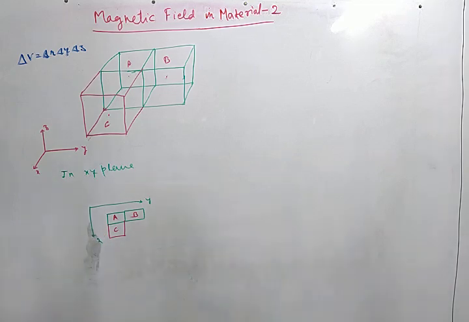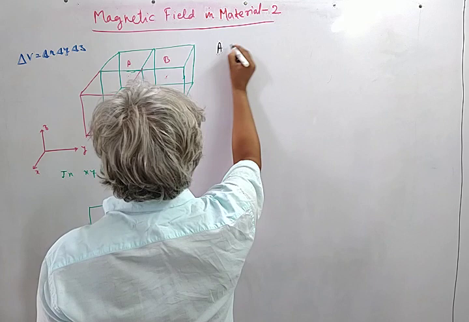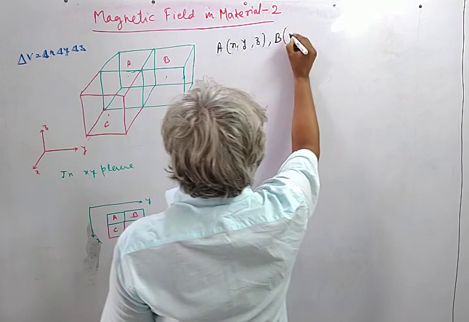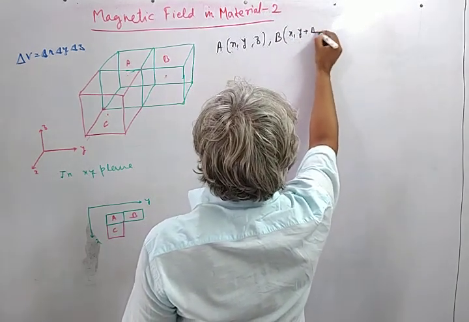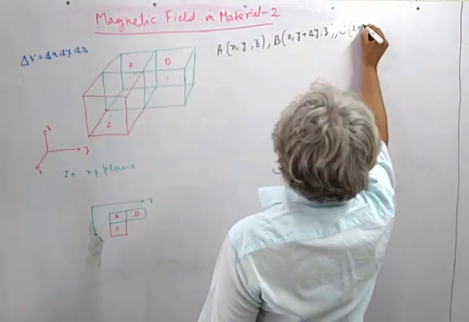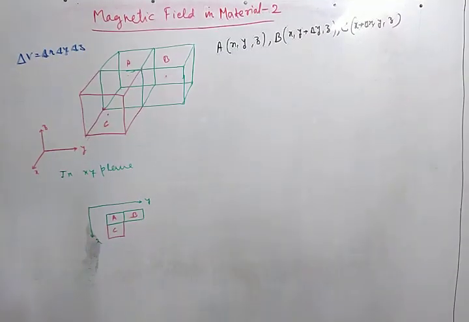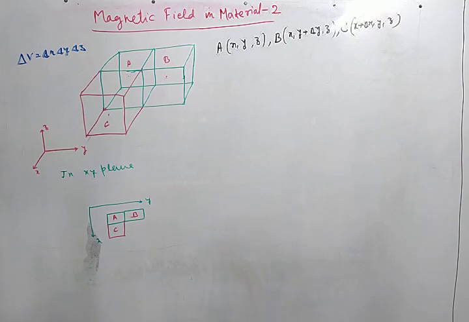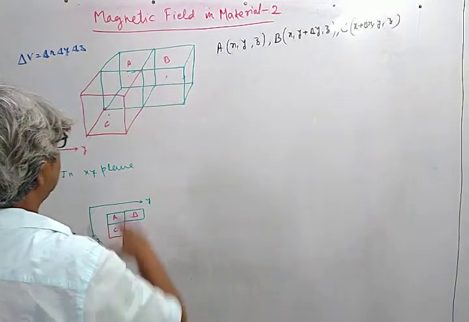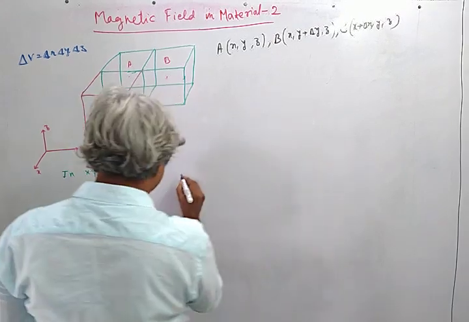We take the point A, the central point of volume element A, as the reference point. The coordinates of A are x, y, z, those of B are x, y plus delta y, z, and those of C are x plus delta x, y, z. So these are the three adjacent volume elements. If we consider these two volume elements, the face that appears is the yz plane.